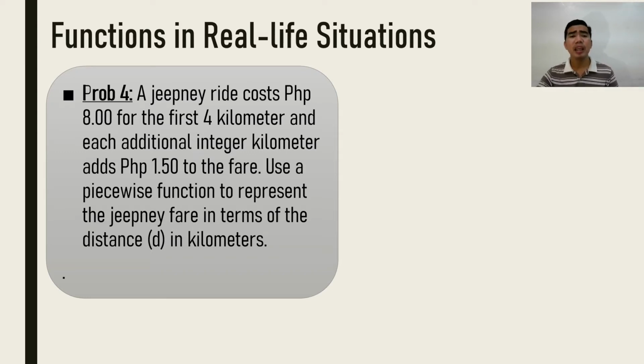Okay? Example, a jeepney ride costs 8 pesos for the first 4 kilometers. Okay? Halimbawa, for the first 4 kilometers, 8 pesos. This is the usual way of paying on a jeep. Right? If we ride a jeepney, 8 pesos.